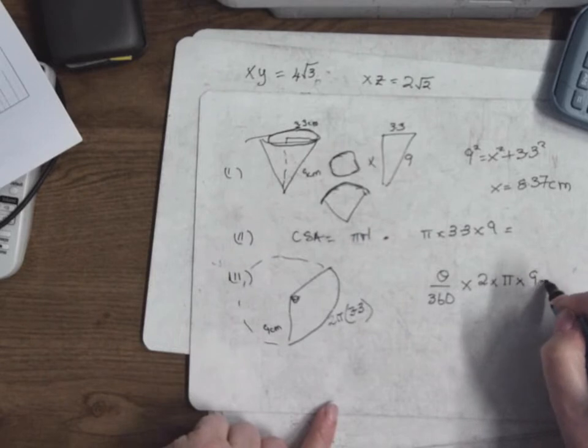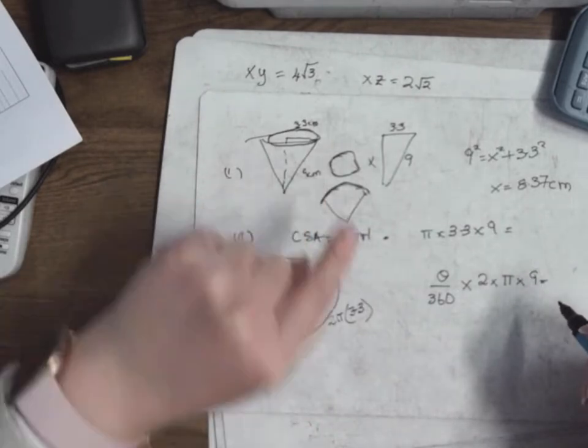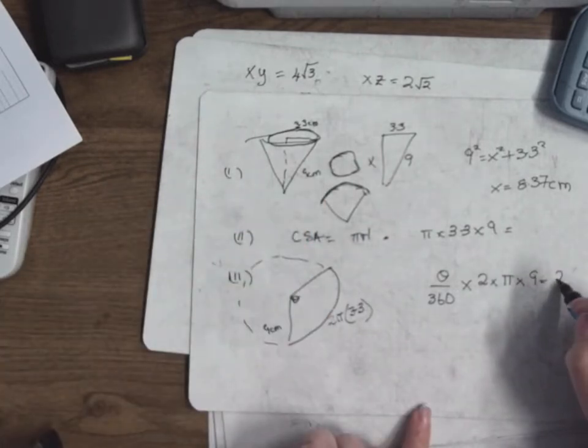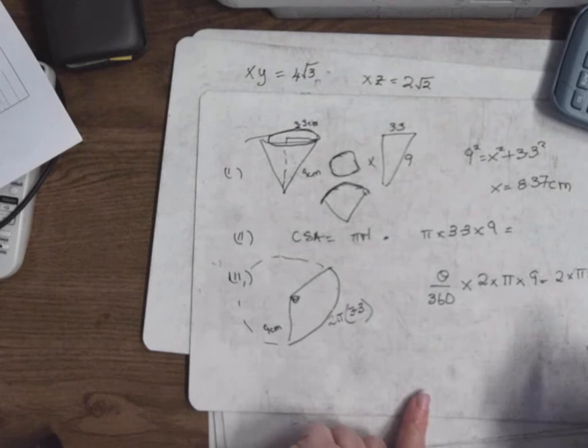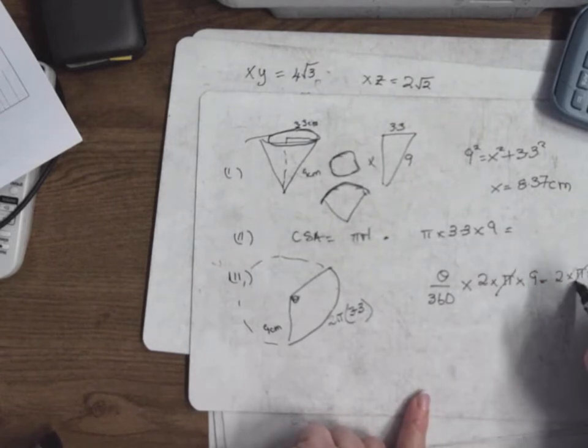And that would be equal to the circumference of this circle up here. So that's equal to 2 multiplied by pi multiplied by 3.3. Is that okay? So there's a pi at each side, you can knock it off. There's a 2 at each side, you can knock it off.